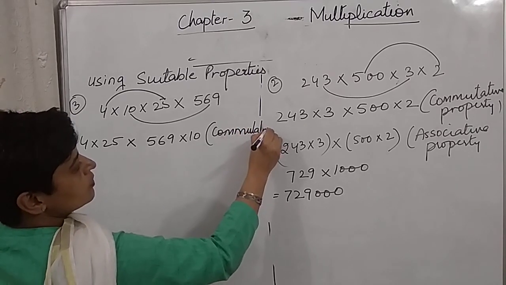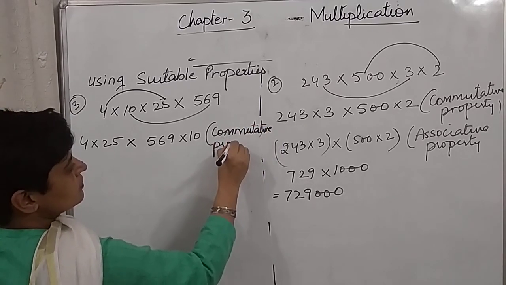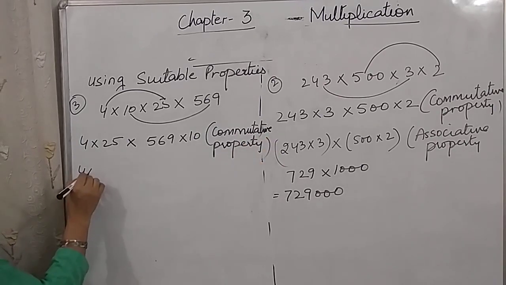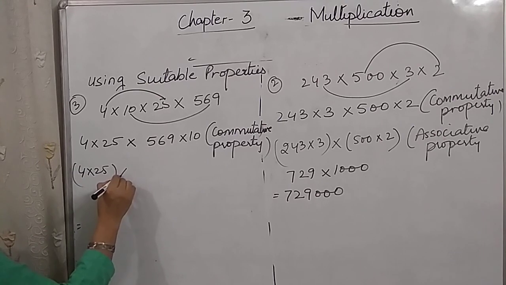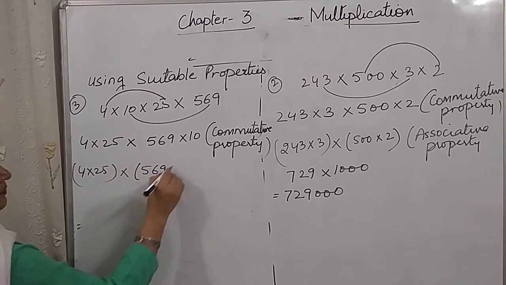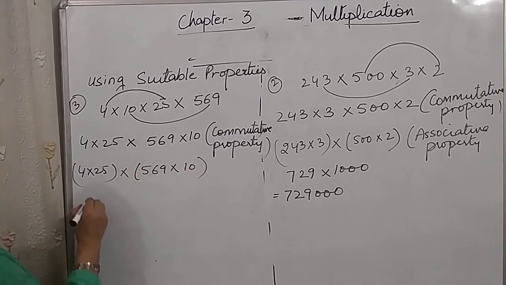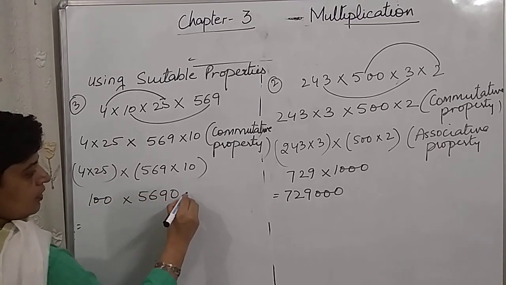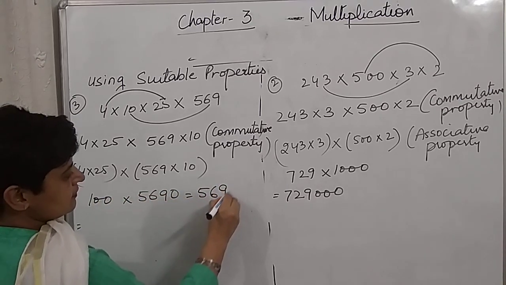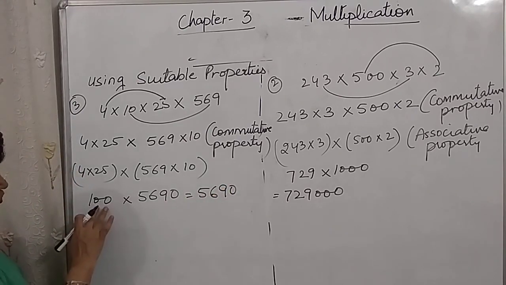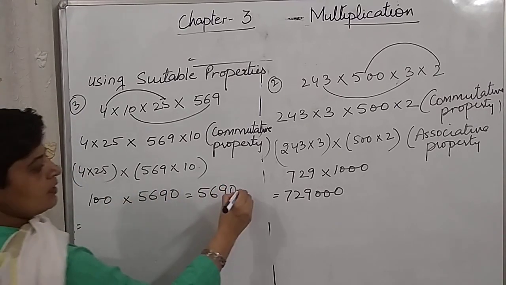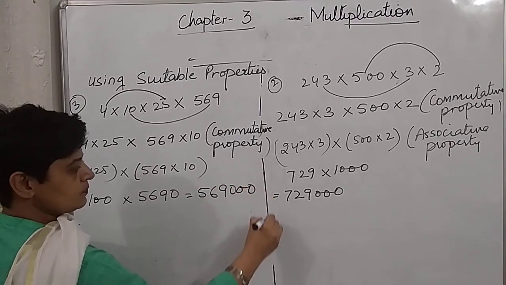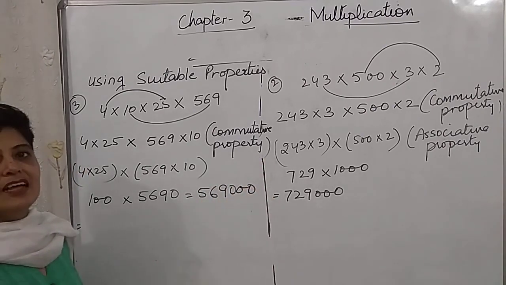You must have now learned what is commutative. So regrouping. So this becomes 100 into 569, which gives us 56900. 1 zero here, 2 zeros here. So totally 3 zeros at the back. That's all for today.